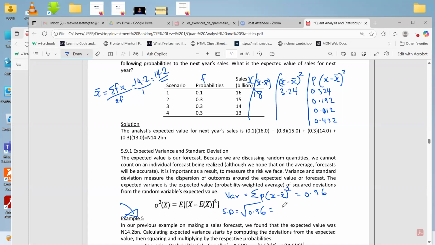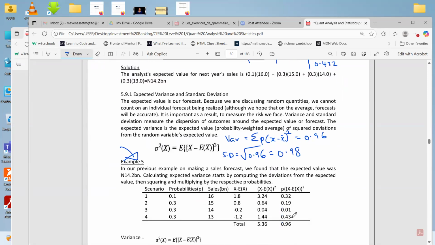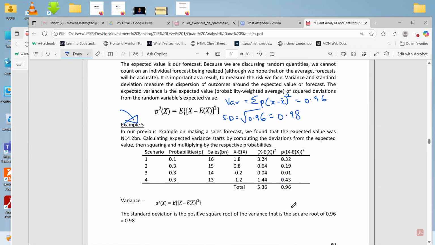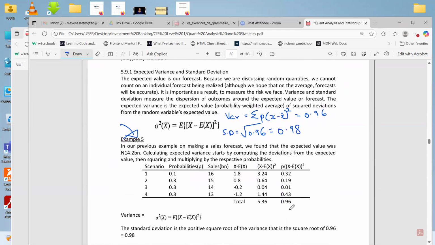Or we can just say 0.98, right? Yes, sir. Okay. So looking at that, that was exactly what was done here all the way. So, any questions on that, please?